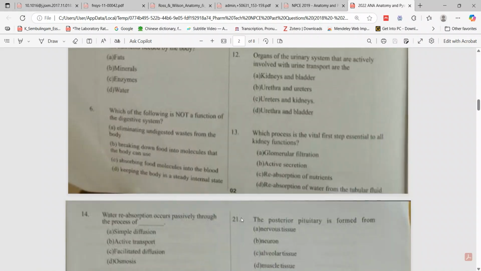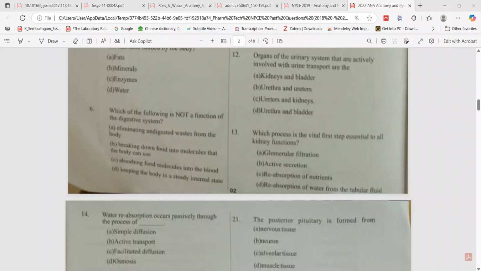Question 6, right? Yes, sir. Which of the following is not a function of the digestive system? A. Eliminate undigested waste from the body. B. Breaking down food into molecules that the body can use.